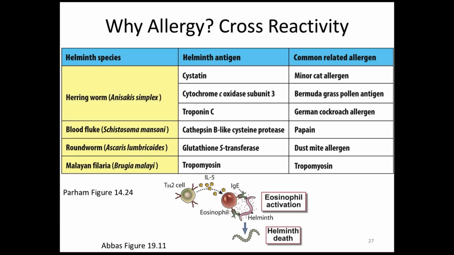But the other thing I wanted to tell you is a reminder that when we are talking about these responses, we are talking about responses that are specific to different anatomic locations, right? So I've told you about how the issue with the respiratory allergies is that you have mast cells in your respiratory tract that are coated with IgE, that when you breathe in the antigen are going to lead to IgE and things like that.